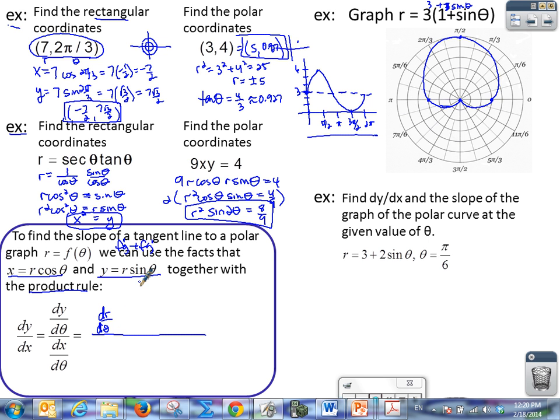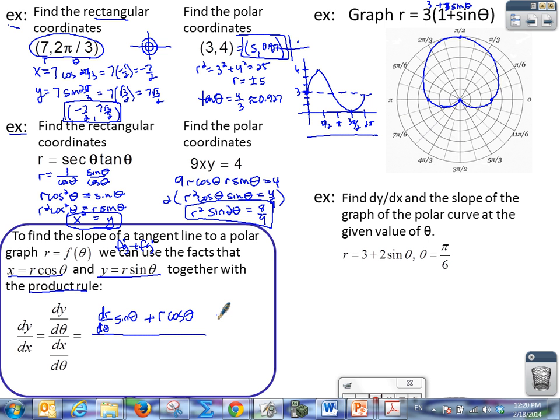Then we copy the second thing, sine theta, plus, see I'm doing the product rule, we copy the first thing, r. We take the derivative of the second thing. The derivative of sine is cosine. And that's my numerator. If you want to commit your numerator to memory, you don't ever have to do this again.